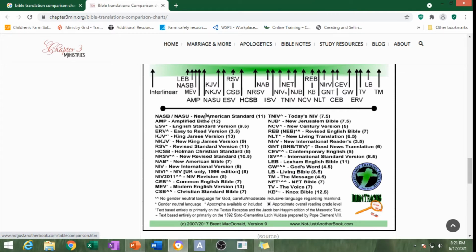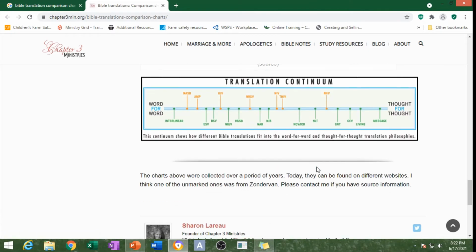They give these numbers here, like 11, 12, 9.5, 3.5. That's the grade level. If you can read at the grade 11 reading level, you can read the NASB. Or if you can read at the grade 5 level, you can read the Contemporary English Bible. So they give just extra information down here, which I thought was cool.